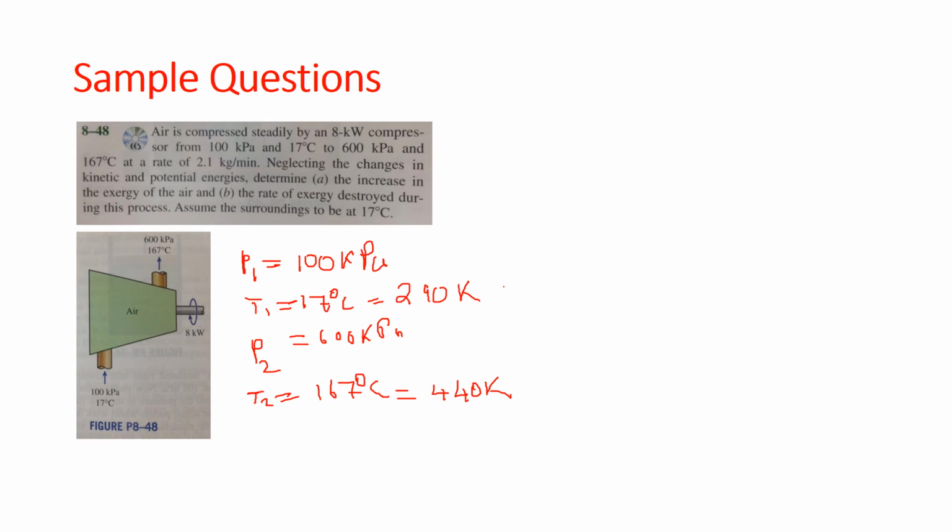So we will go to property table A17 and find out the properties, which are H1 and S1.